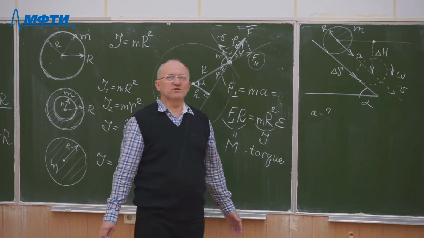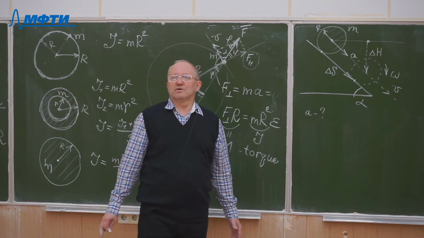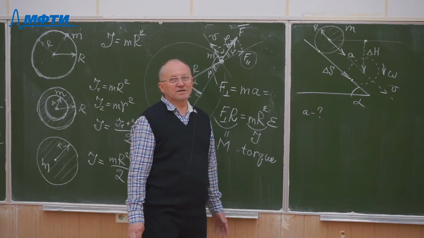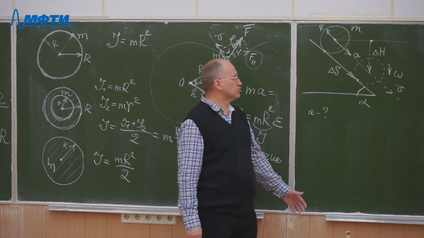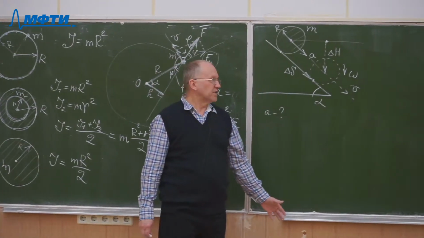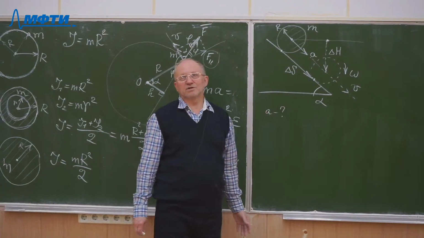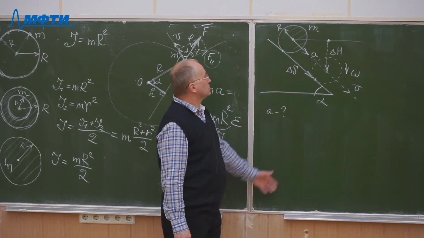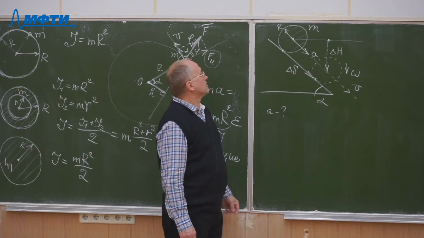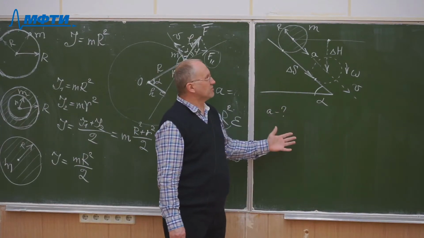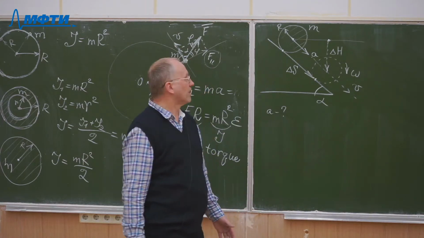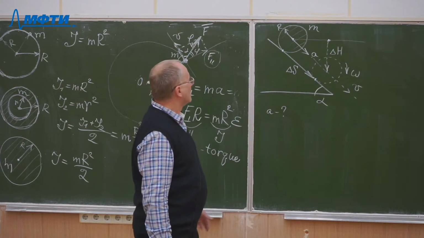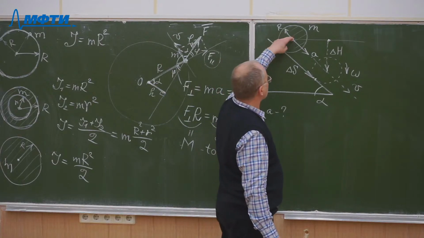Whenever you have a problem, the first step you have to make is to analyze the problem. To analyze, what does it mean? It means to draw a picture, to make a sketch of what is going on in this problem, and to understand everything about velocities and angular velocities. Yes, what's the question? The acceleration going downward, right? Yes, acceleration.